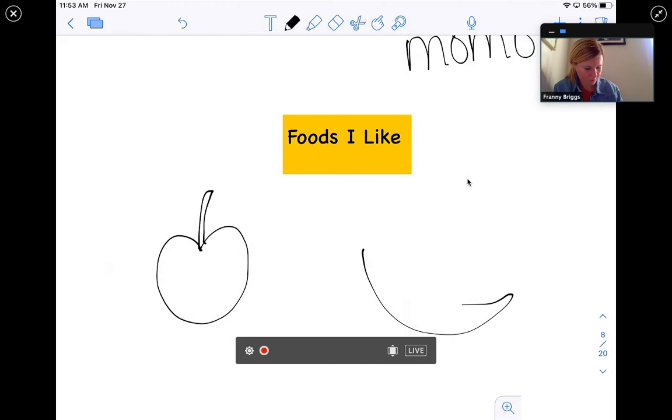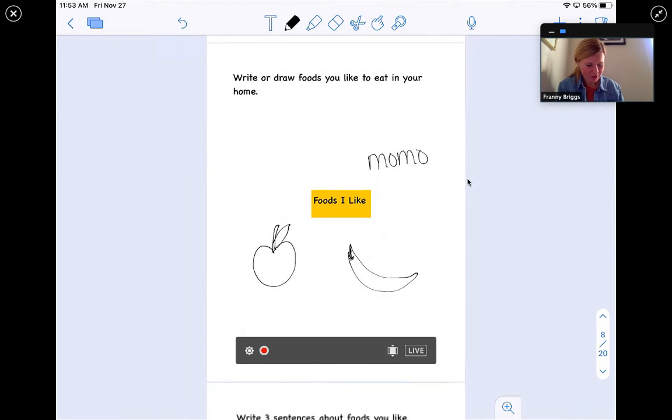If you can't tell, that's supposed to be an apple and a banana. That's the nice thing about telling frames, that you can surround the topic with words or images for little class 1 students who maybe don't know how to write or spell all the foods that they like to eat.